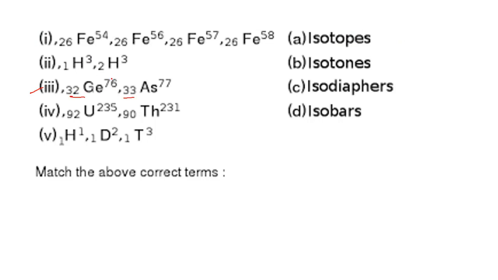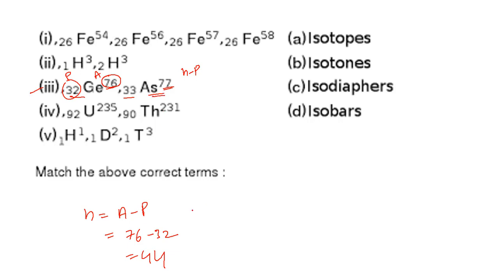See, atomic number is different. Atomic mass also different. So here we have to see the N minus P value. N minus P. What about the number of neutrons here? This is the atomic mass. This is the atomic number, the number of protons. Number of neutrons N equals A minus P. That is 76 minus 32, 44.